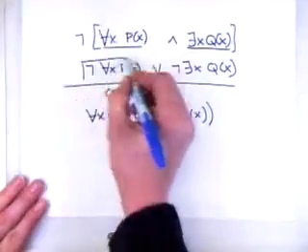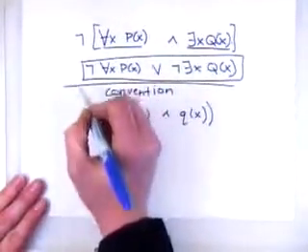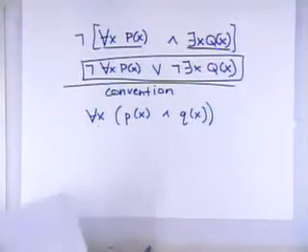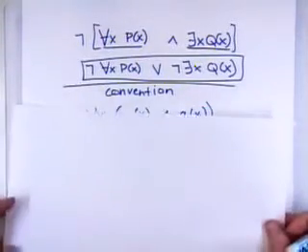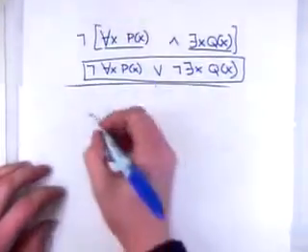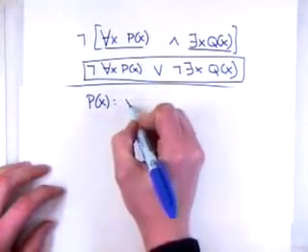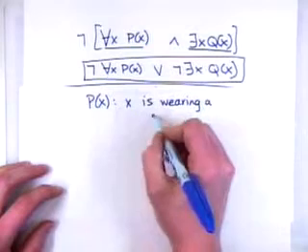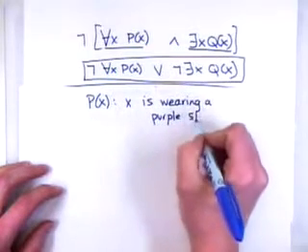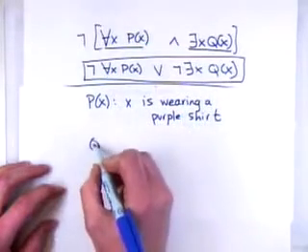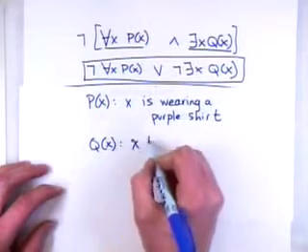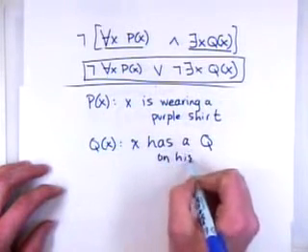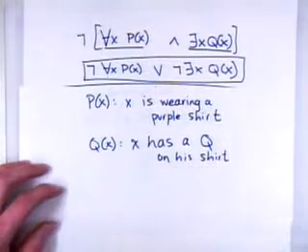Okay, now, what does this mean? Let's say that p of x is, I'm going to use my purple shirt example again, that x is wearing a purple shirt. And we're going to say that q of x is that x has a giant Q on his or her shirt.